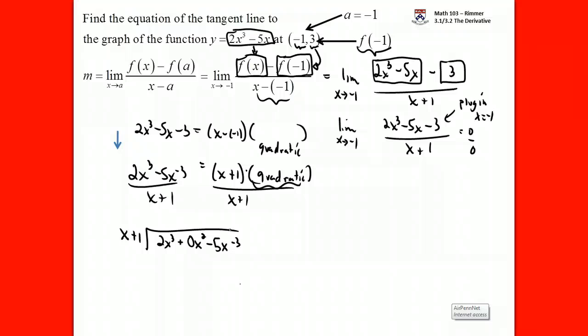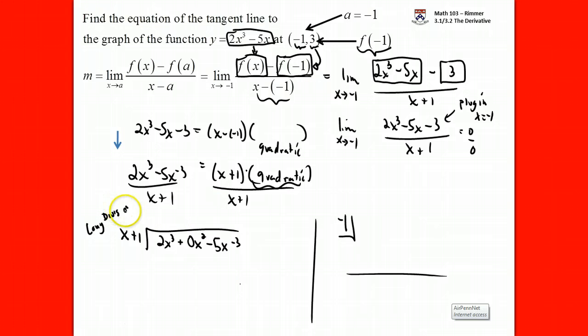Here's the synthetic division way to write it out. You take the thing that you're trying to divide by, basically the thing that is the root. In this case, if you have x plus 1 is what you're dividing by, -1 is the root. And we're going to set up a table. It contains all the information from this long division, and it just gives you the guts of the matter.